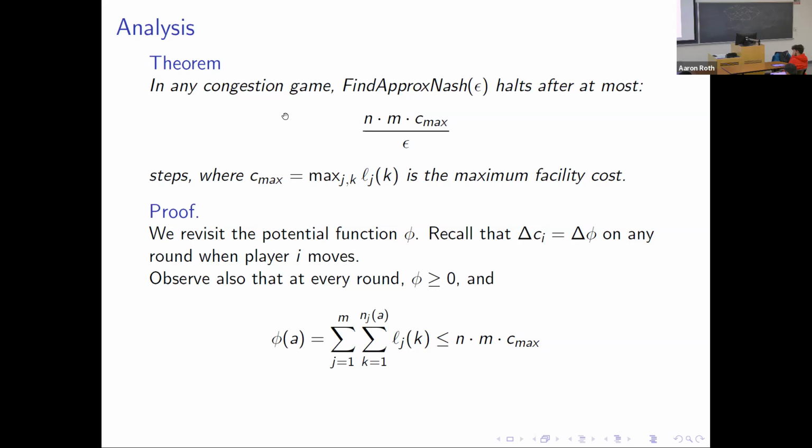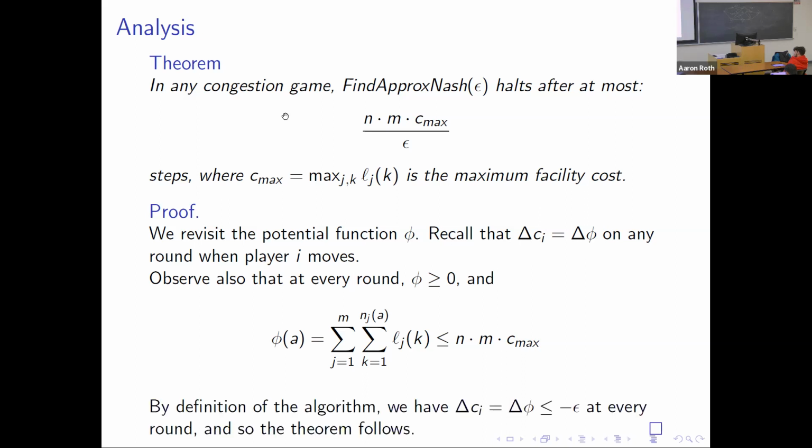Okay, so a super crude upper bound, but it's just saying, look, no matter where we started, the value of the potential at that action profile can't possibly have been larger than n times m times C max. And it can't ever get below 0. But at every round, the change in potential is equal to the change in cost. And we've assumed that people aren't going to bother to change their action unless they can decrease their cost by at least epsilon.